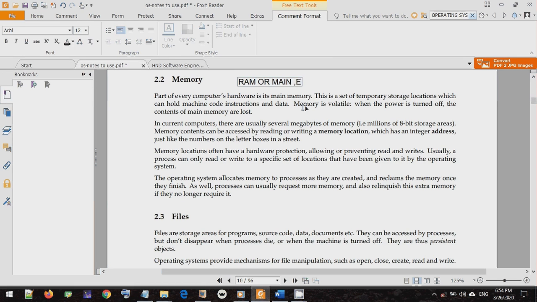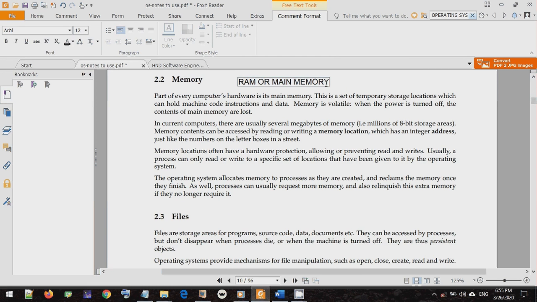The next resource we are going to look at is the memory. Here we are talking particularly about the RAM, random access memory. It is a temporal storage, also called the main memory.